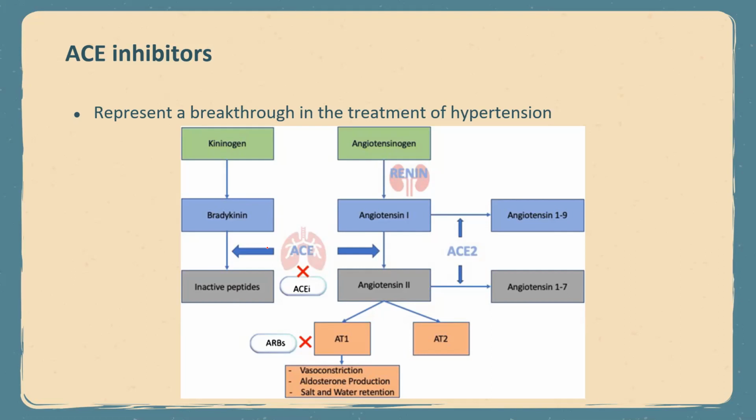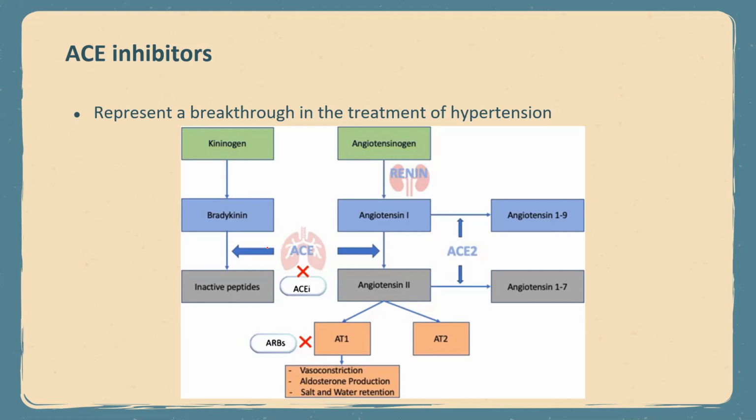Why? As we all know, it has the effect of increasing vasoconstriction, aldosterone production, and water retention that can lead to hypertension. So, the main thing that ACE inhibitors do is to block the conversion of angiotensin 1 to angiotensin 2.